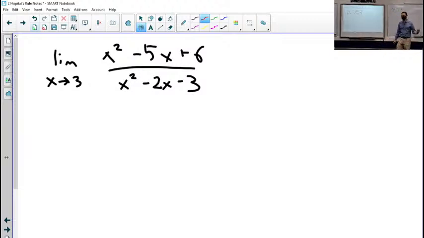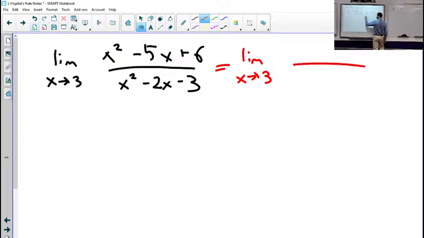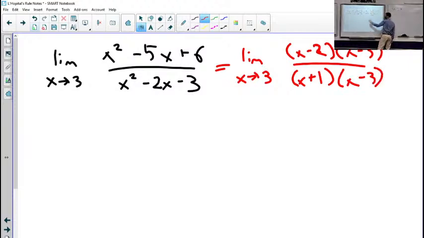The main tool that we have to evaluate a limit is to factor the top and bottom and see if we can get something to cancel, hopefully an x minus 3 factor, so that now we can plug in 3. If I factor the top and the bottom, on top I get x minus 2 times x minus 3, and on the bottom I get x plus 1 times x minus 3. Agreed? Good.